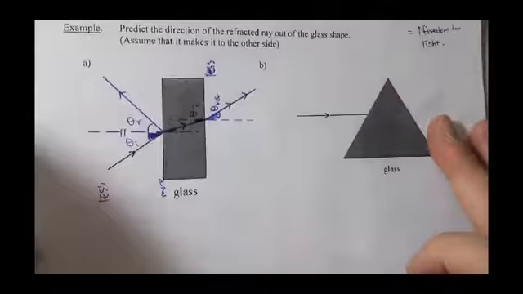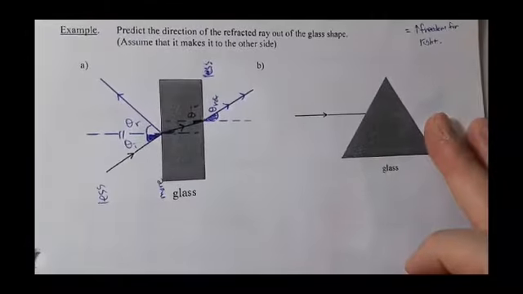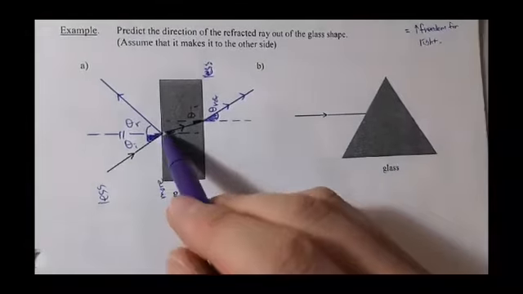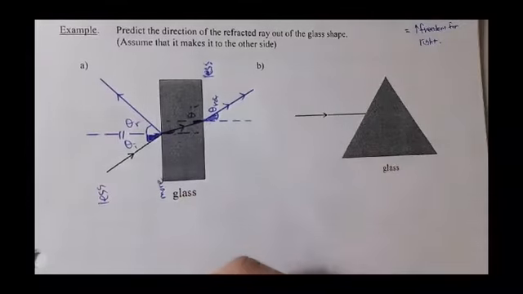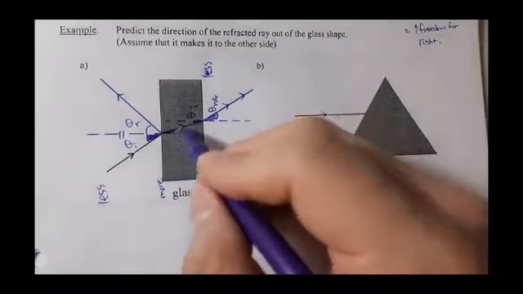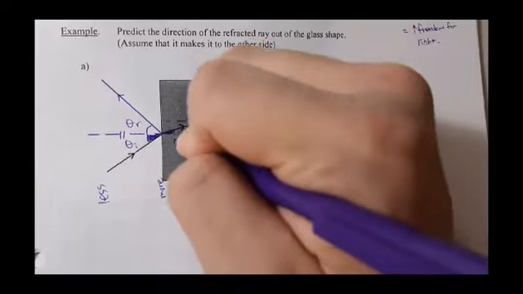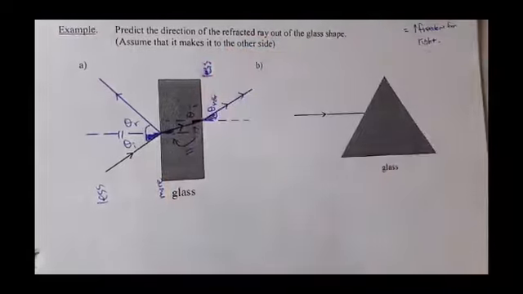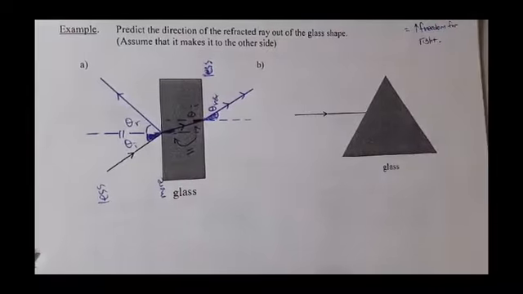So in the end, it should look like this: larger angle, smaller angle, larger angle again. And these two angles are actually identical. It's just the geometric part. I don't think the diploma may go that detailed, but have that in your mind.